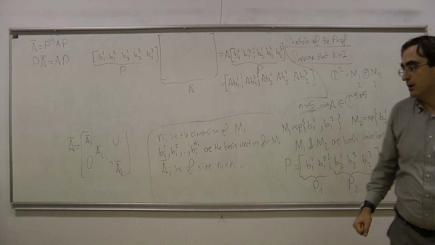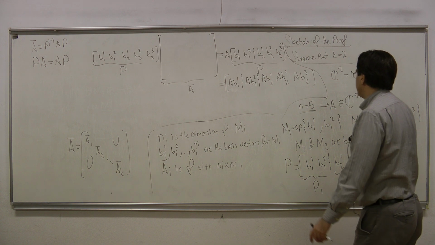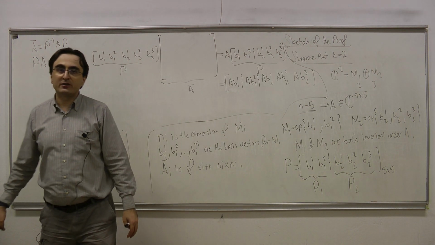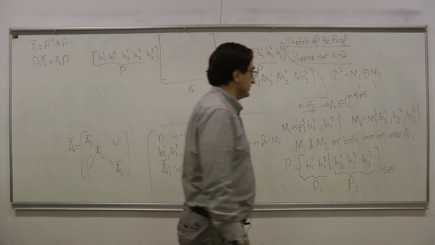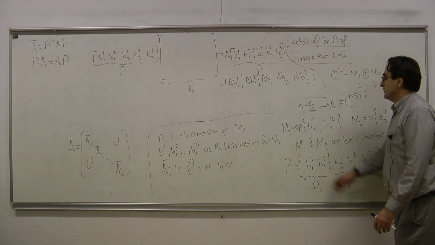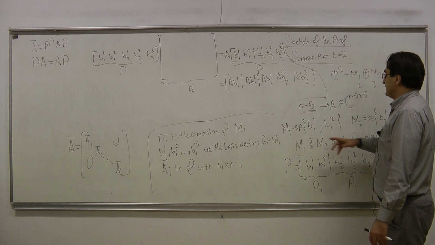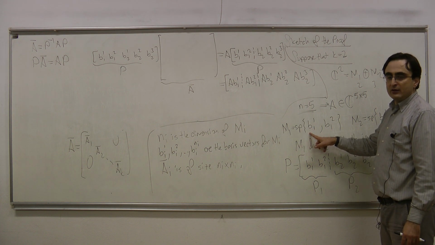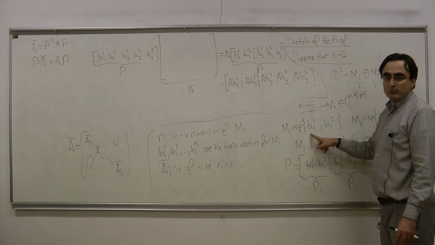Okay? So now is the time to use the invariance property of the subspaces. Okay? How can I use this invariance? I know that M1 is invariant under A. So the first basis vector is an element of M1.